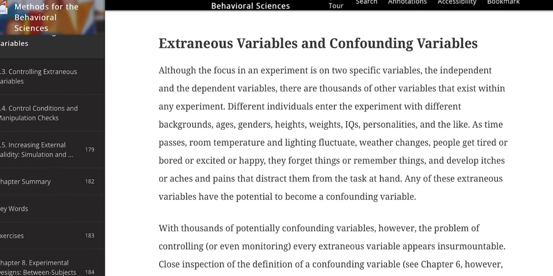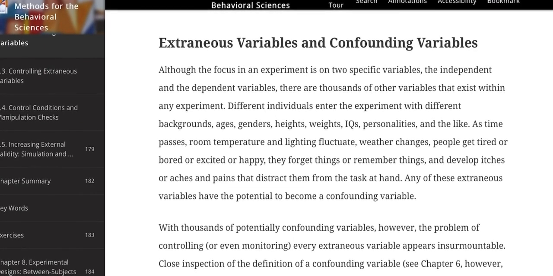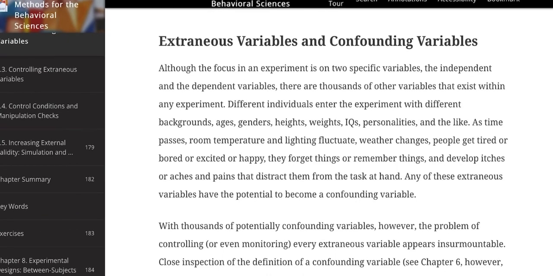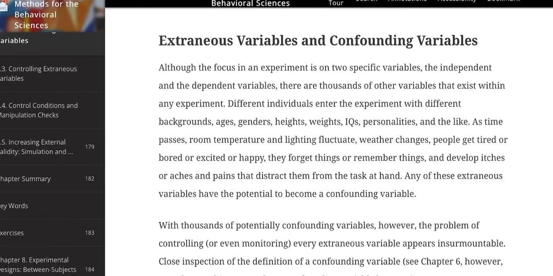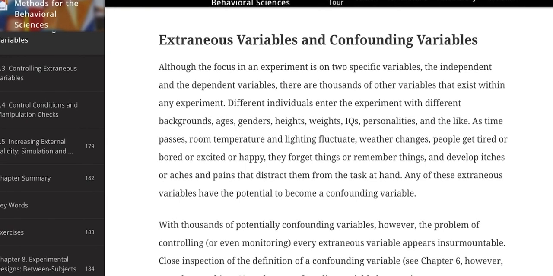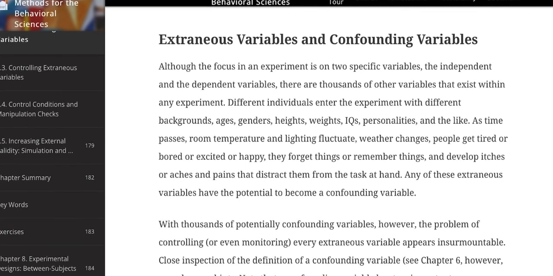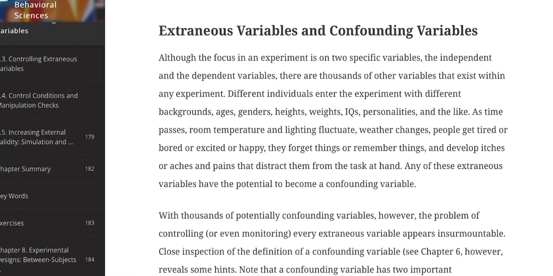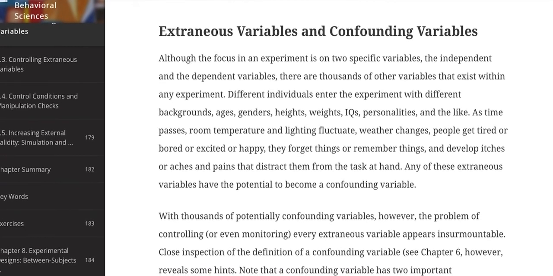And then environmental variables as time passes: room temperature, lighting, weather changes, people just getting bored or tired, their mood, they're happy or sad or excited, and then that fades, or they forget things, or they remember things, are triggered by things, they develop itches, aches, pains that distract them. All of those things can be extraneous variables.